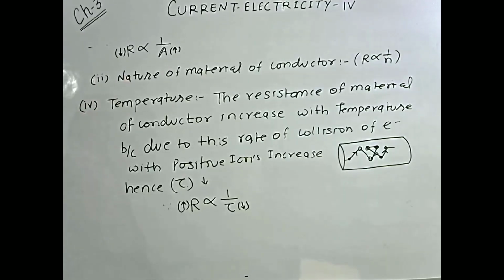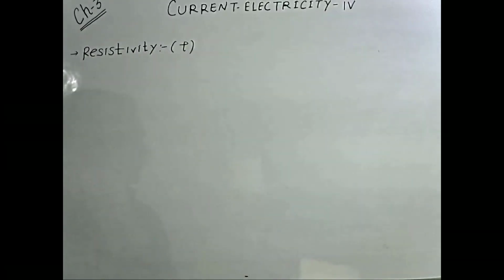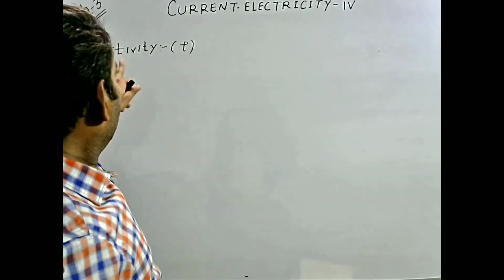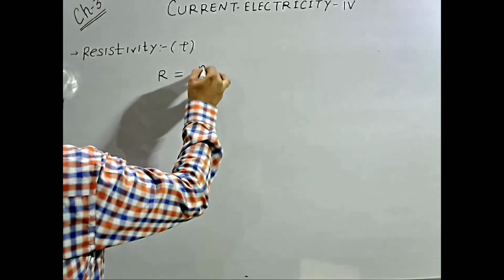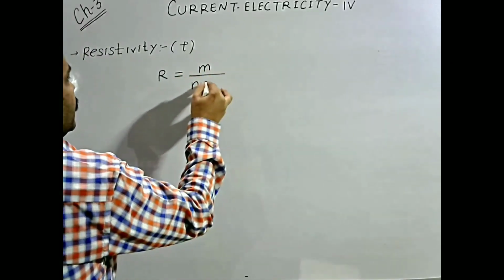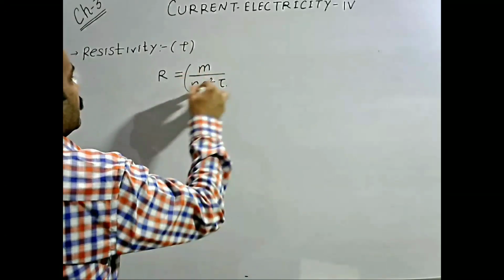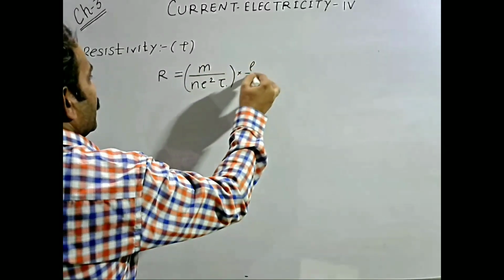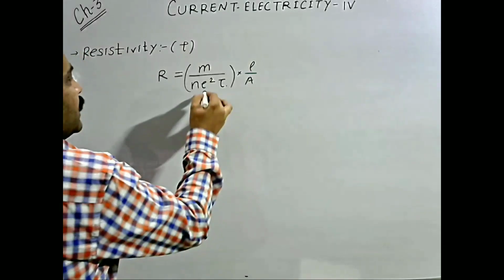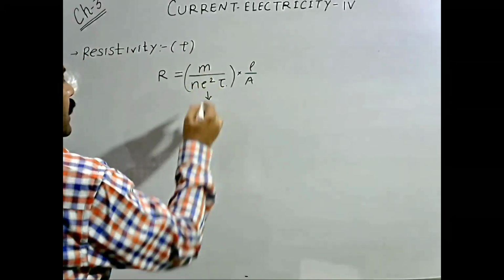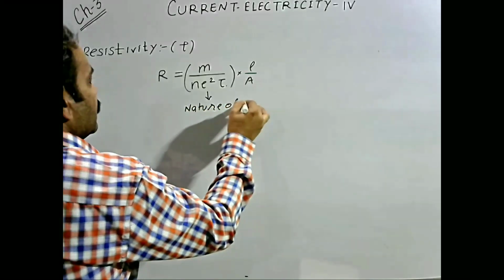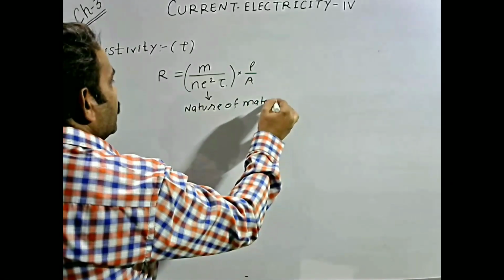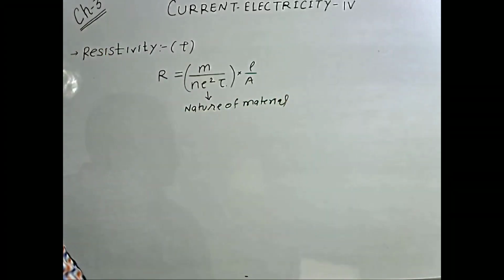Now I am going to discuss a new topic, resistivity. In the expression of resistance, R is equal to m upon n e square tau into L upon A. The quantity m upon n e square tau represents the nature of material of conductor. Clear?